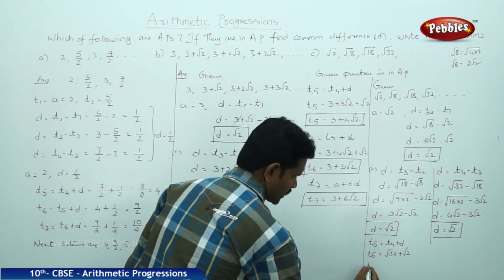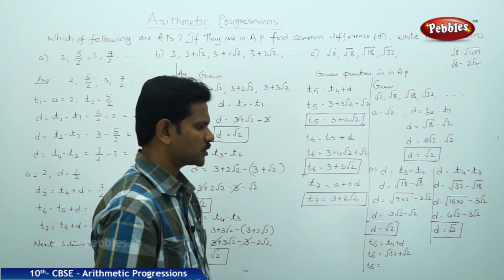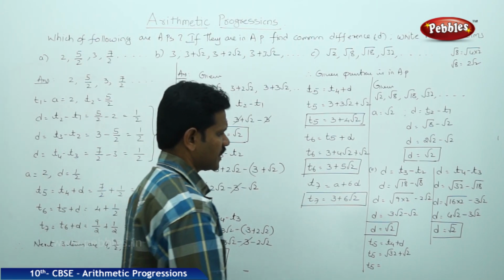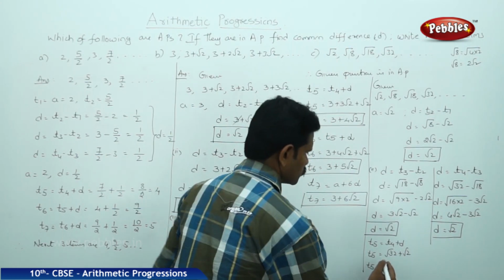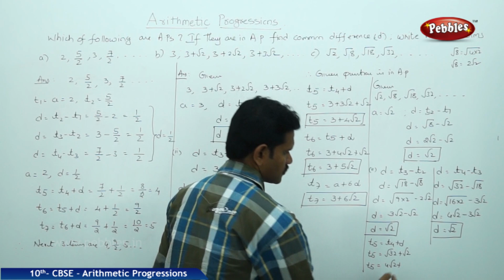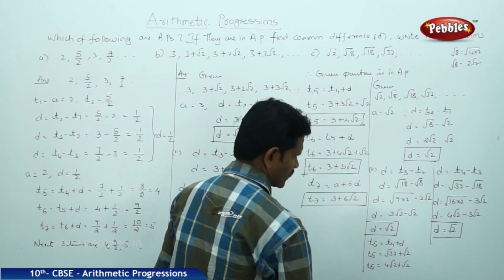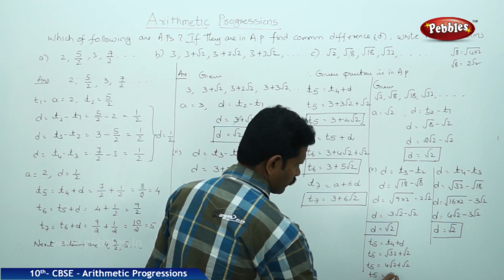Now root 32 can be written as 4 root 2, plus root 2, that is T5 is equal to 5 root 2.